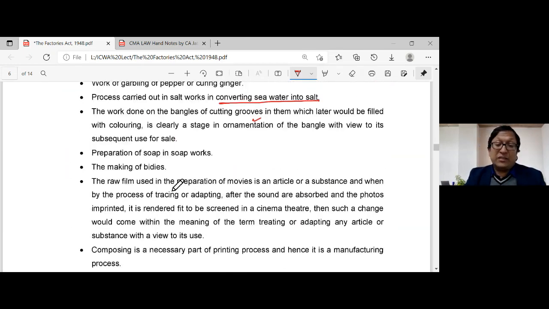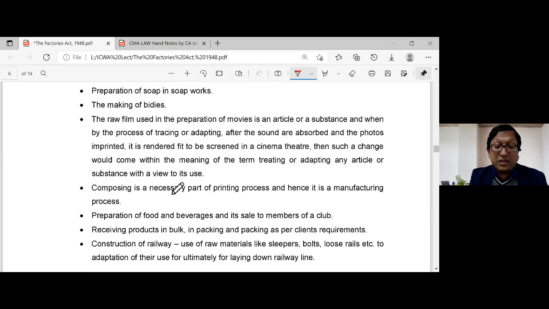Then preparation of soap in soap works, making of bidis, making of cigarettes. Raw film used in preparation of movies is an article or substance. And when by the process of tracing, adapting, after the sounds are absorbed and the photos imprinted, it is rendered fit to be screened in cinema theatres. So first of all, what is there?